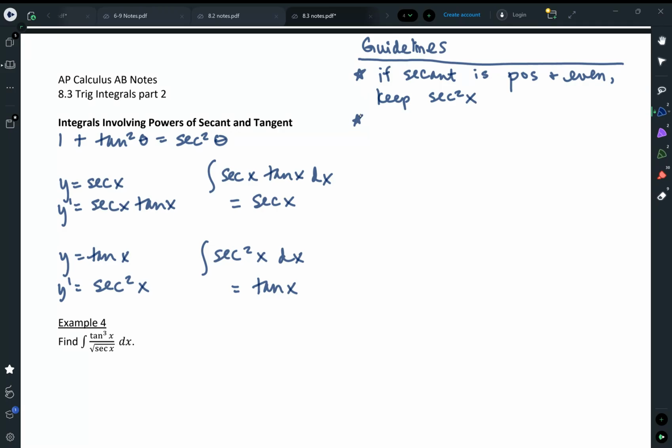If tangent is positive and odd, we are going to keep secant x tangent x, and that's again as our du.